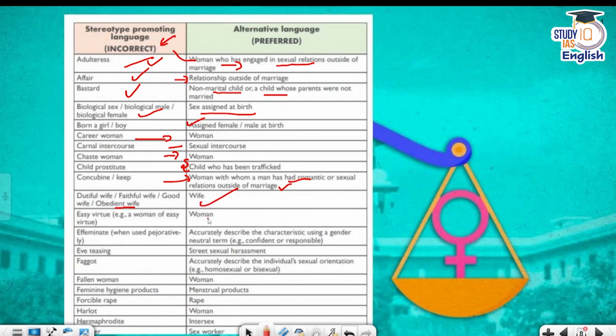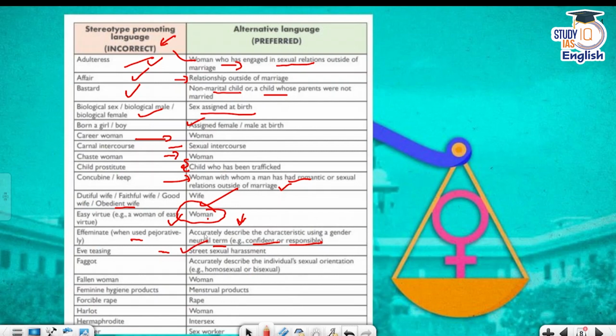Easy virtue, that means a woman of easy virtue, is just a woman. Effeminate, when it is used pejoratively, should be replaced by accurately describing the characteristic using a gender neutral term, such as confident or responsible person. Eve-teasing is not eve-teasing, it is street sexual harassment.